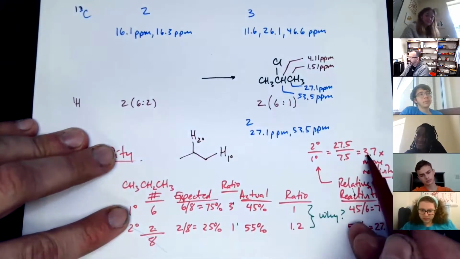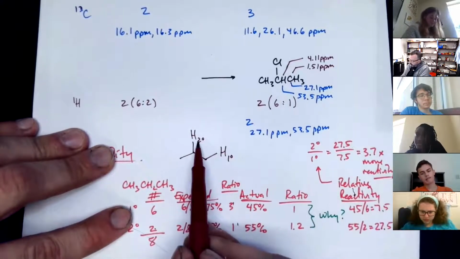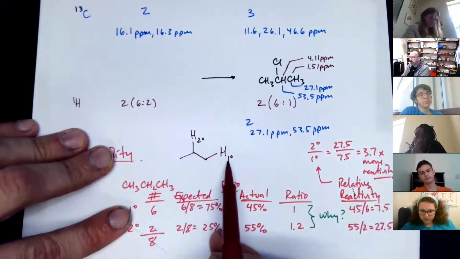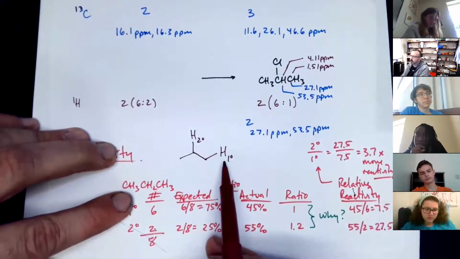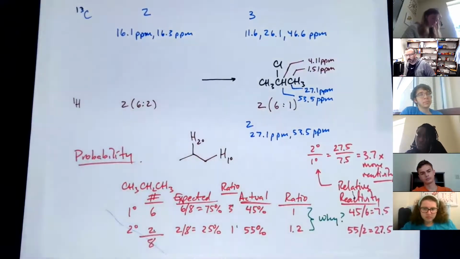What this number is telling you, the secondary hydrogen is 3.7 times more reactive than the primary hydrogen. Does everyone follow the logic so far?